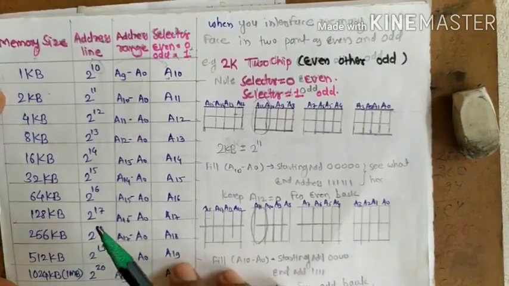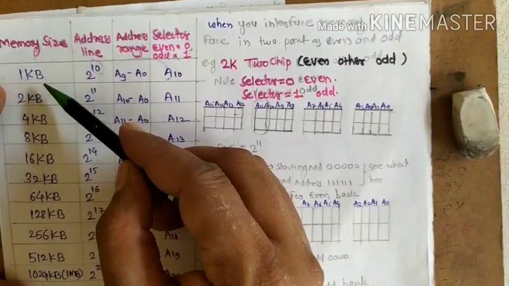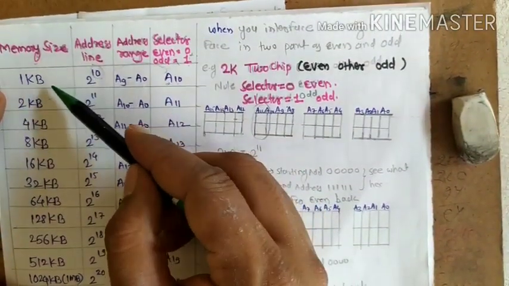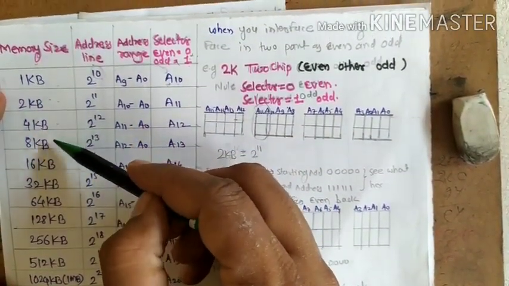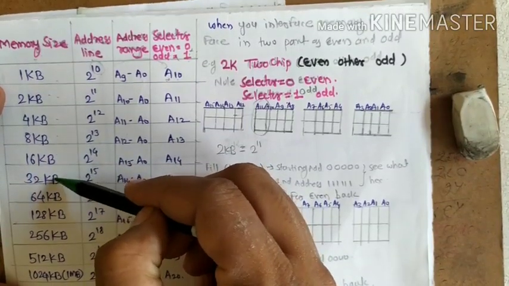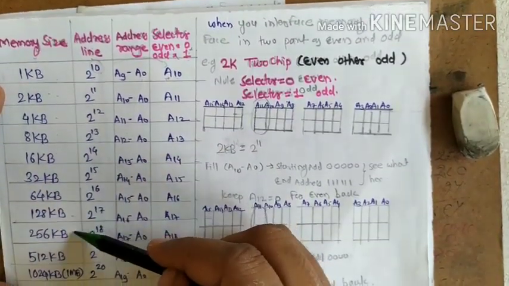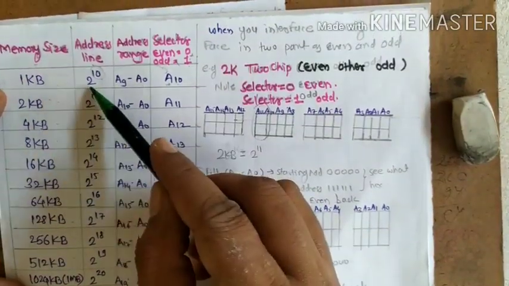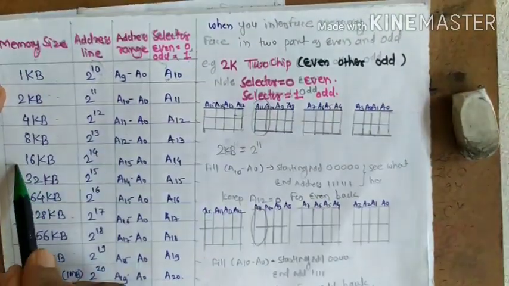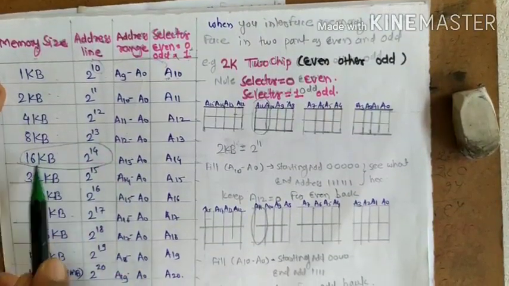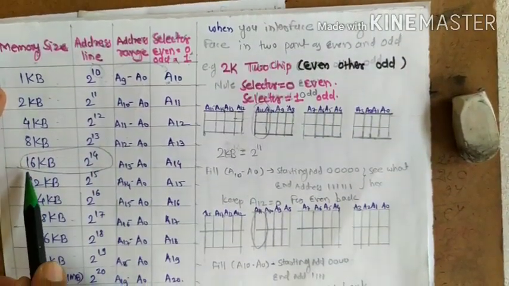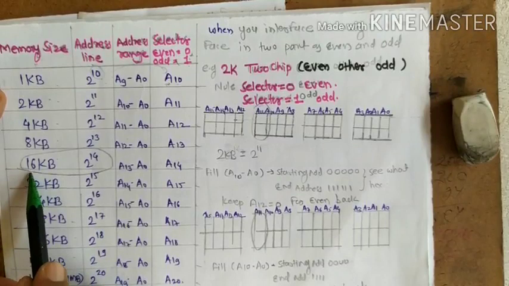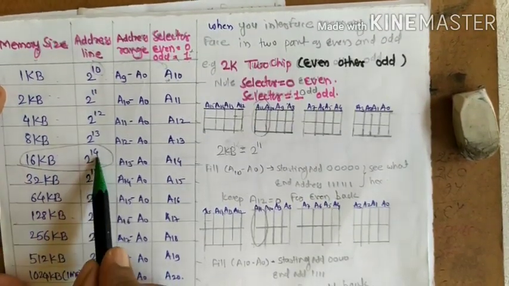First, we have to understand that we just make the memory size twice: 1 KB, 2 KB, 4 KB, 8 KB, 16, 32 KB, 64 KB, 128, 256, 512. In the same way, remember that 1 KB is equal to 2 raised to 10, and if we interface 16 kilobyte memory, it is 2 raised to 14.